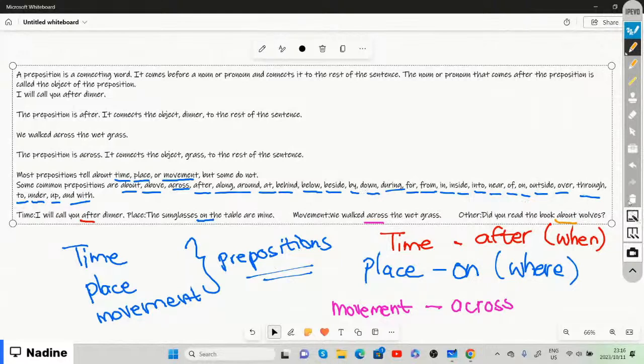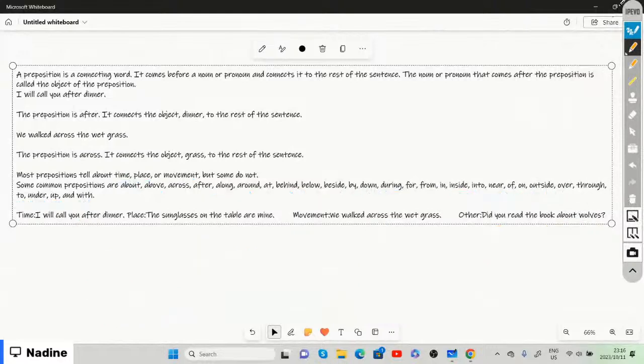All right. So that is basically prepositions, right? And we see the preposition, it's a connecting word and it comes before a noun or before a pronoun and it connects it to the rest of the sentence.